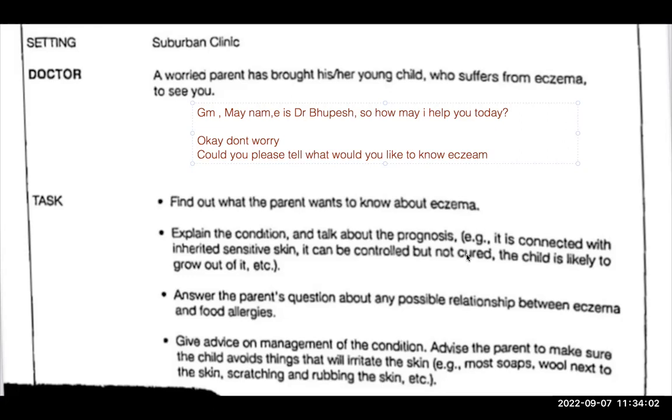That means there would be episodes of on and off when it comes to eczema, but yes, it can be controlled. The symptoms can be managed with the help of different kinds of ointments. And also I would like to inform you that slowly your child will adjust to these kinds of situations.